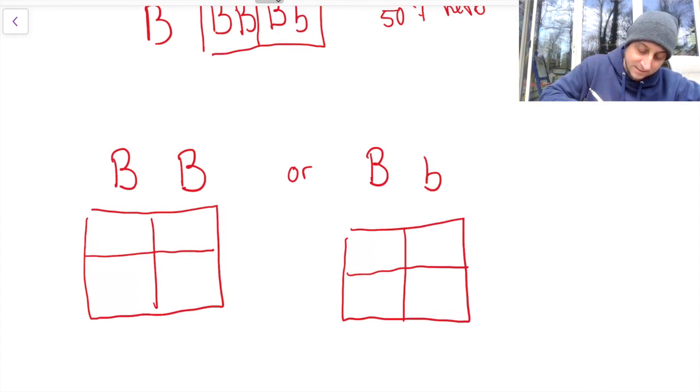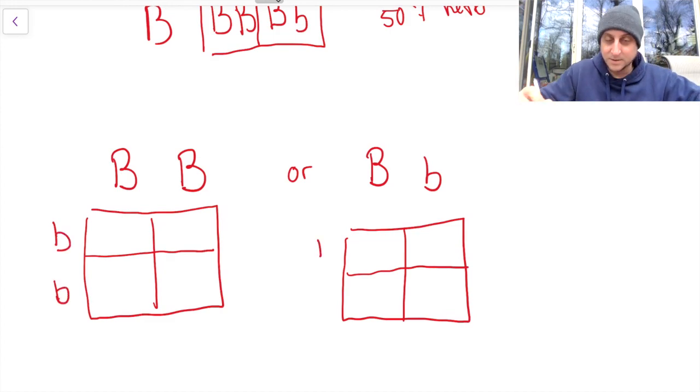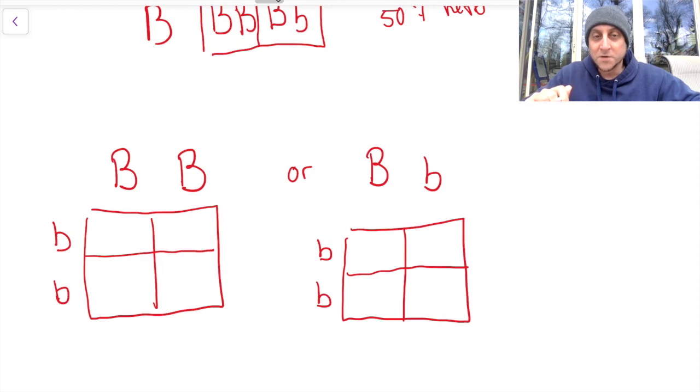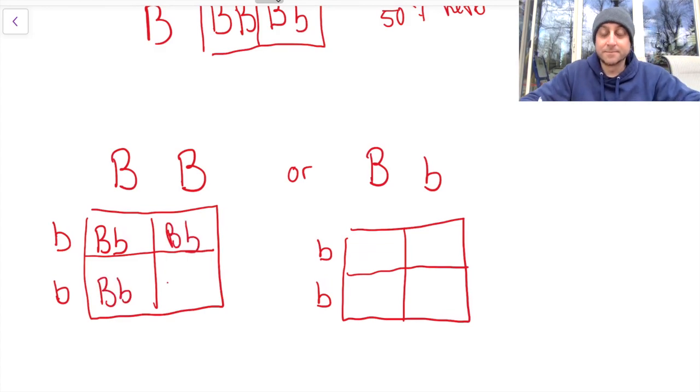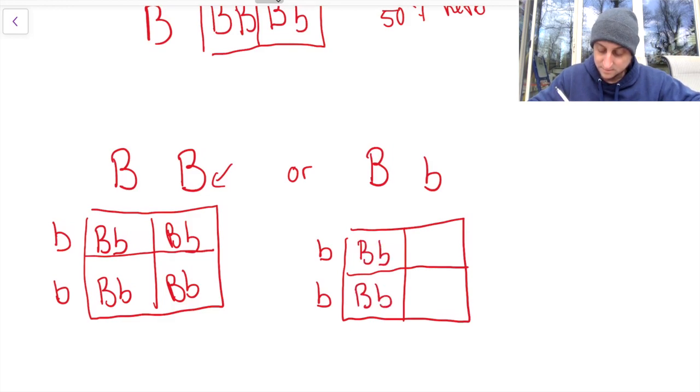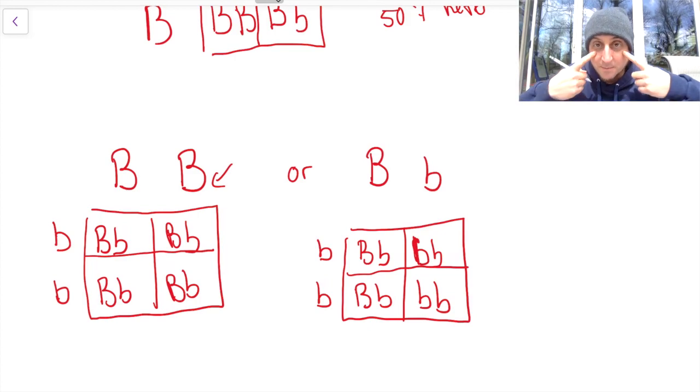So if we mate with a person that has little b, if I have offspring that is all brown eyes, then I'm homozygous dominant for brown. If I have offspring with blue eyes, then that means I was heterozygous. And the reason I use me as an example is because in my real life, my wife and I both have brown eyes.